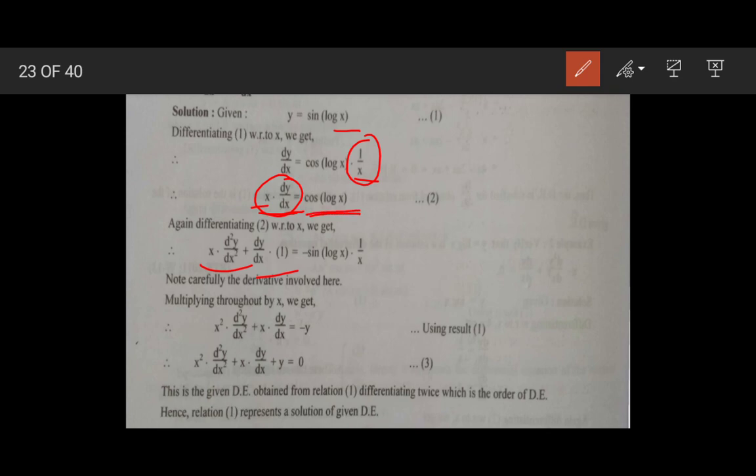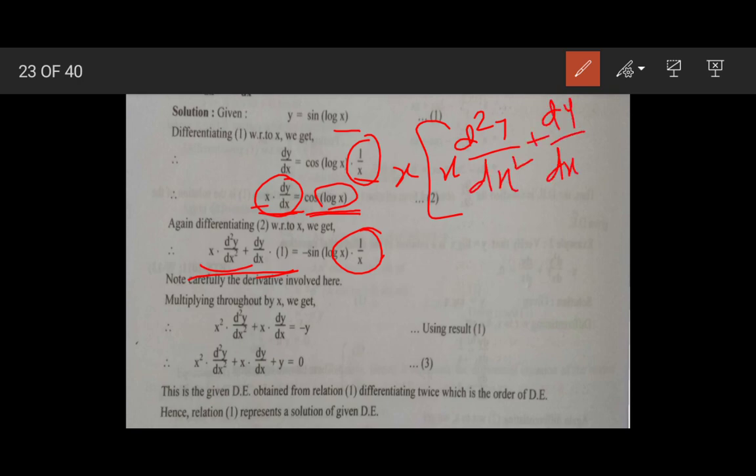Derivative of cos log x is minus sin log x into derivative of log x, 1 upon x. Now again I am taking this 1 upon x on the left hand side. So that will be x into this whole term, means x d2y upon dx square plus dy upon dx, that is equal to minus sin log x.